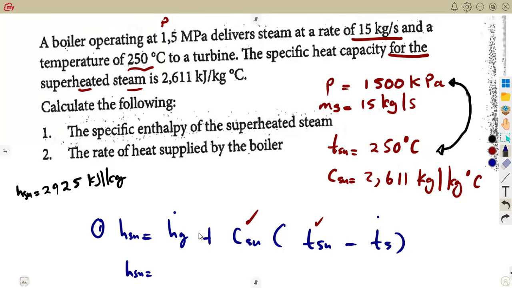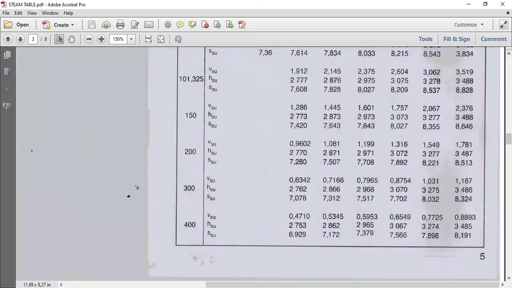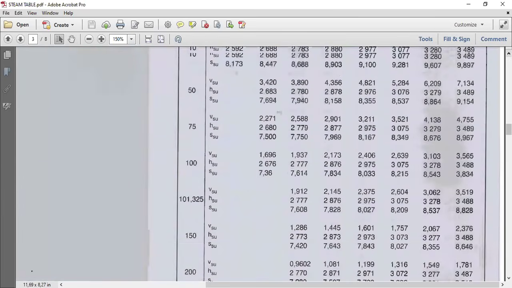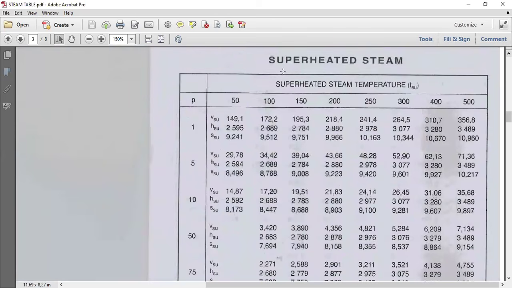If you are using this formula, with Hg and Ts, you are not going to use the superheated steam table. This one is what we call the superheated steam table, guys, the one that shows you the superheated steam, as you can see here on top. You are not going to use this when you are using this formula.